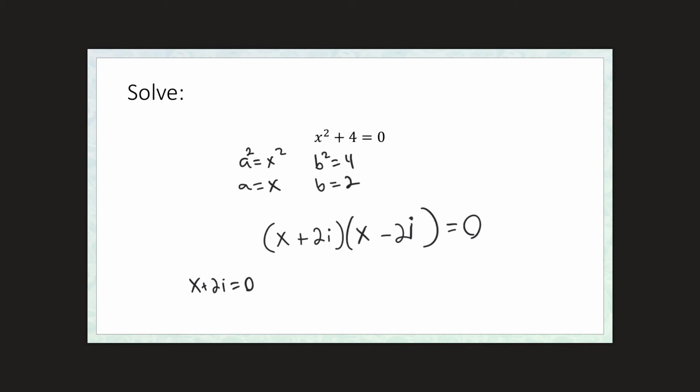So x plus 2i equals 0. So x equals, if we subtract 2i from both sides, we'll get negative 2i. That's one solution. And the other solution for the zero product property, x minus 2i equals 0. So now I'll add 2i to both sides. 2i plus 0 is 2i. X equals positive 2i. So x will equal negative 2i or positive 2i.